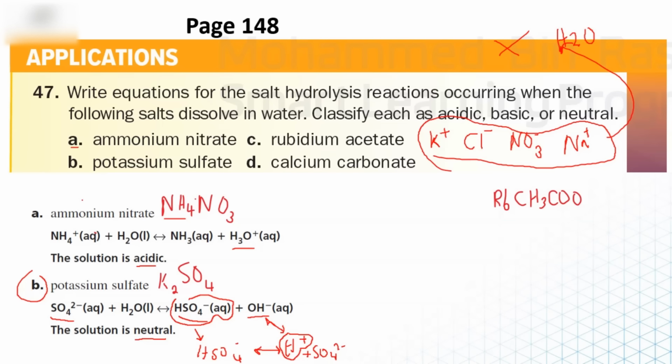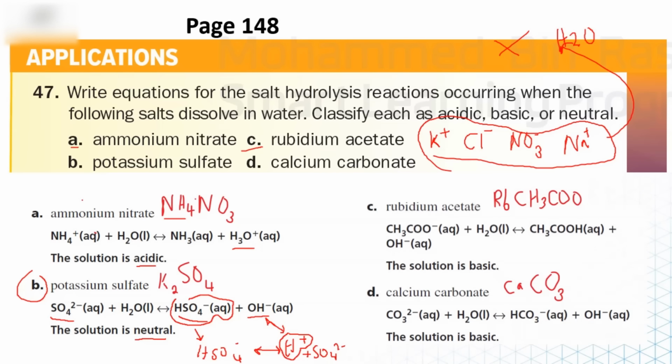Now RbCH3COO, which is rubidium acetate. Let me pick here one second. So yeah, rubidium acetate, and calcium carbonate is CaCO3.